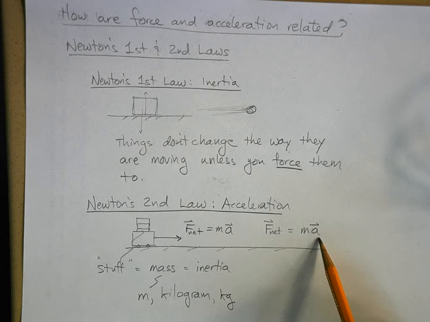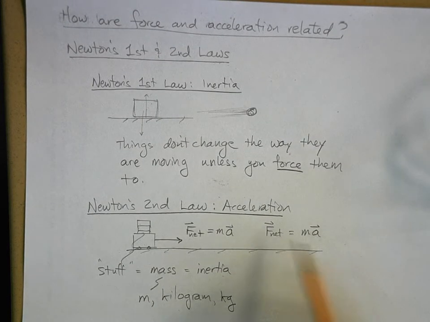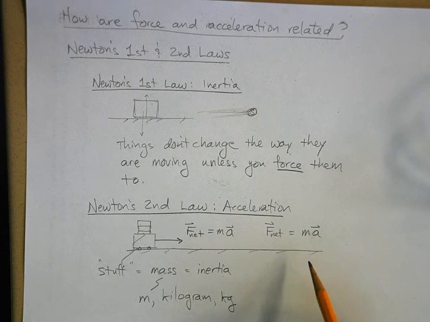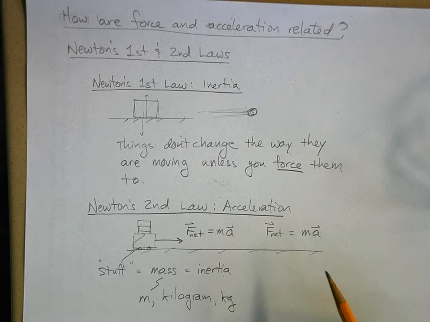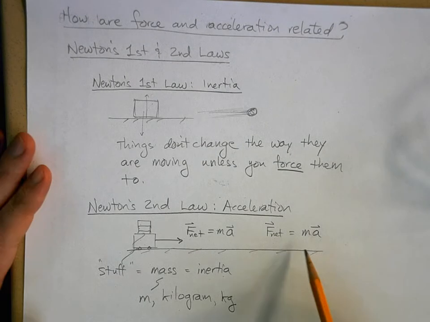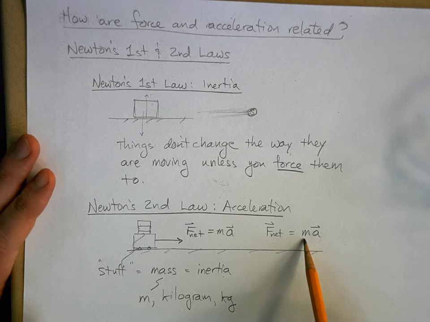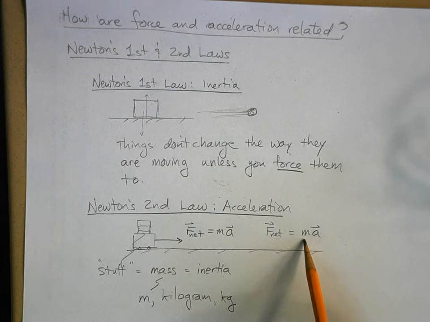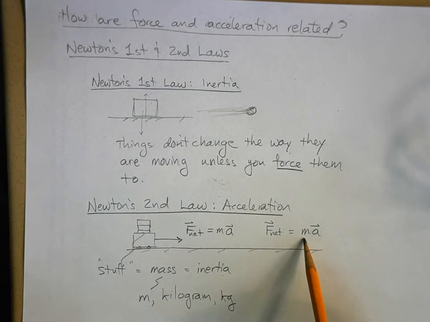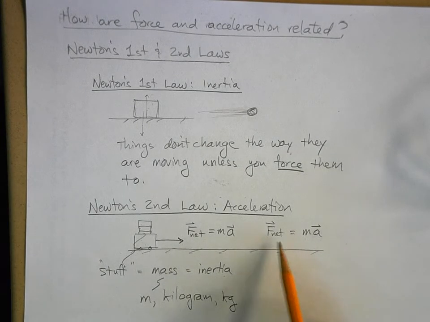Acceleration has magnitude and direction. And the direction of the net force will be the direction of the acceleration. Now this makes sense. If you push on something, it's going to change its motion in that direction. So mass determines how much acceleration you get. The more mass you have, the less acceleration you'll have for the same amount of net force.